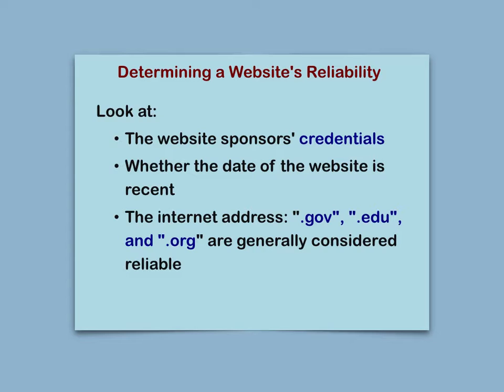I do have my concerns. I do believe in .edu, academic institutions, and .org. So it is .gov, your governmental studies, .edu, your academic institutions, and .org is generally non-profit organizations.